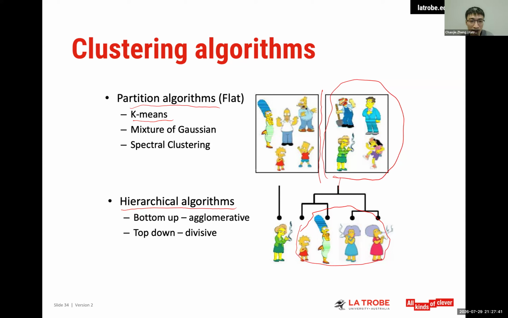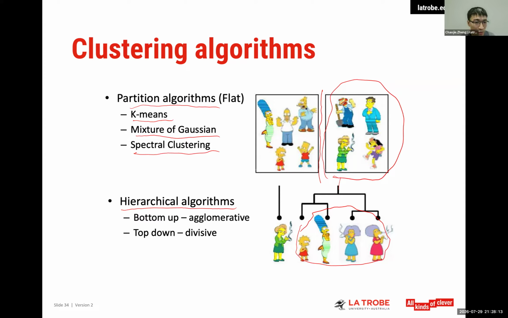In that case, you may prefer to use the hierarchical algorithm, because if you just do one-time clustering, you may not get the same partition as the hierarchical algorithm, and the one-time partition algorithm may not work in that case. You can also choose to use mixture of Gaussians and spectral clustering.